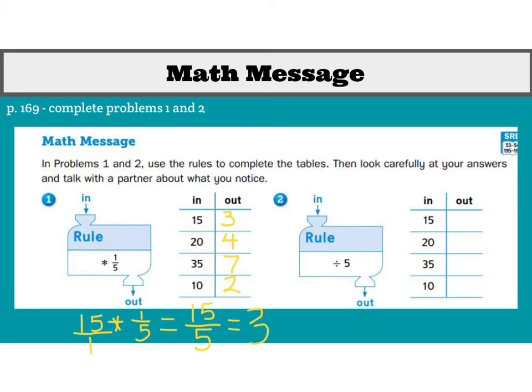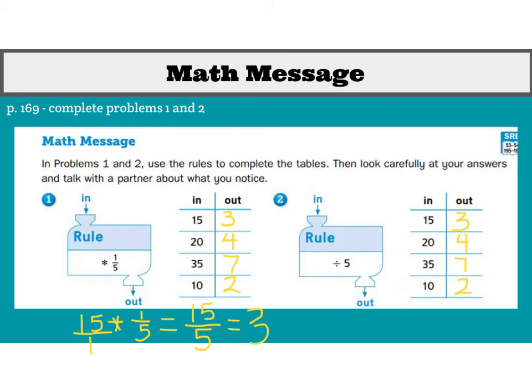So let's take a look at number 2, and let's see what you've got there. For this particular in and out table, we've got a rule of divide by 5. So 15 divided by 5 gives us 3. 20 divided by 5 gives us 4. 35 divided by 5 gives us 7.